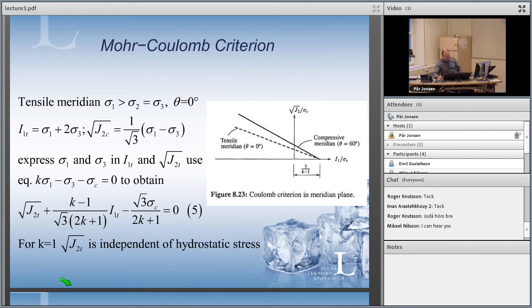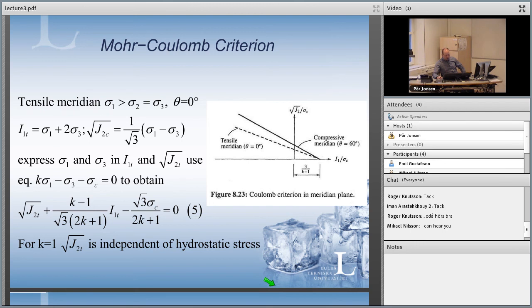You do exactly the same as you did for the compressive one. I've seen that it's a small error, it should be T here. You do exactly the same as you did in the last model. Then you can show for K equal 1 it is also independent of hydrostatic stresses. It's a check.